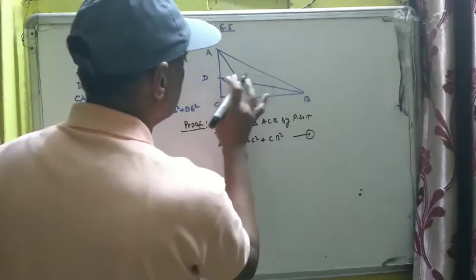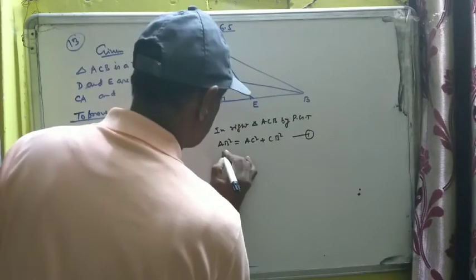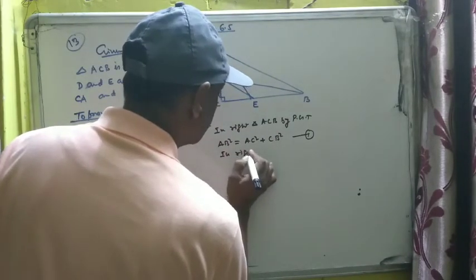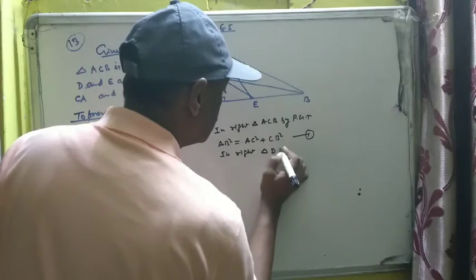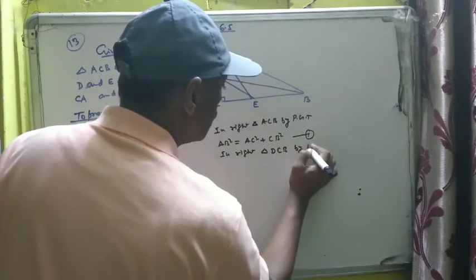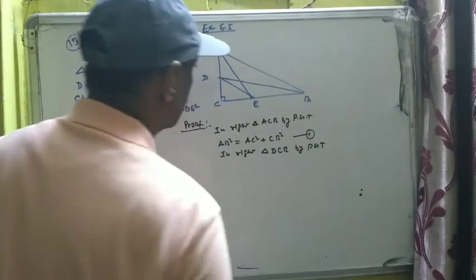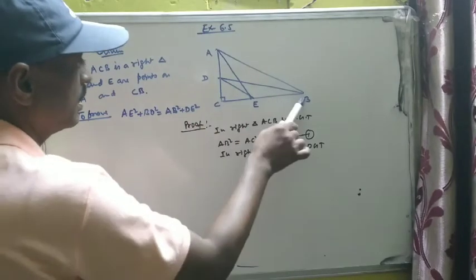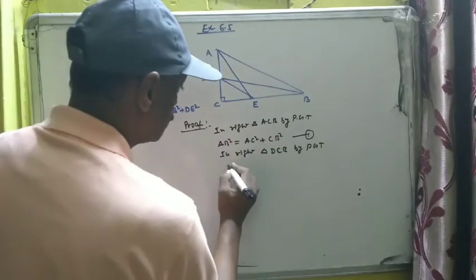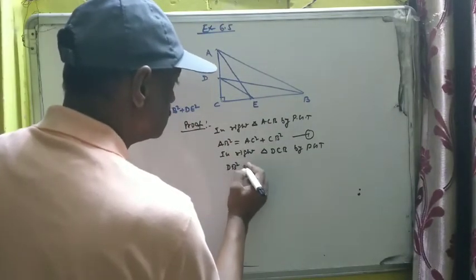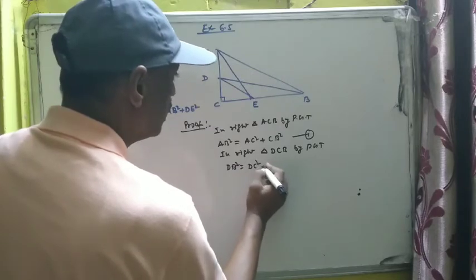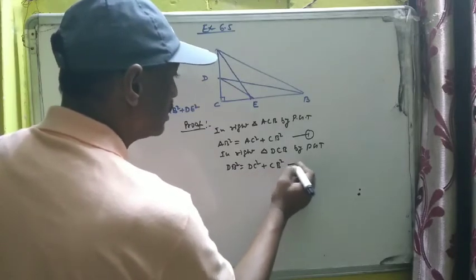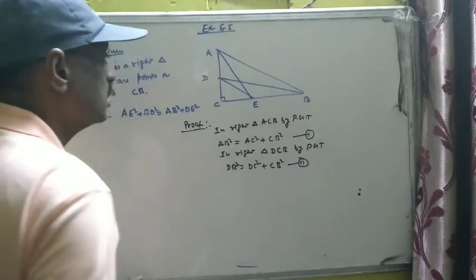Okay, in triangle DCB, in right triangle DCB, by Pythagoras theorem, this triangle is there, so DB square equal to DC square plus CB square. This is equation number 2.